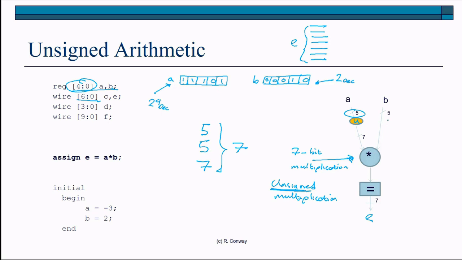So unsigned indicates then that we have an unsigned extension. So we go from 5 to 7 bits. And in a similar manner, the second operand is extended from 5 to 7 bits, and it's also an unsigned extension.